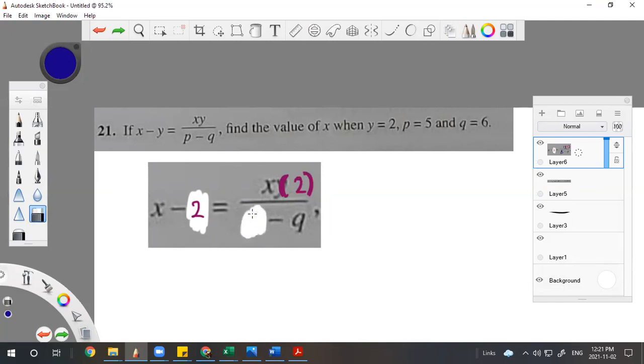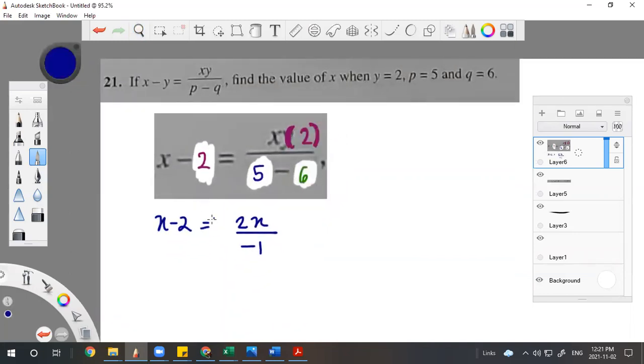Jadi 5. And then Q equals 6. Right, diganti semuanya. X nggak ada, ya udah, let it be. Q equals 6. Okay, so x minus 2, rewrite one more time, equals x times 2 is 2x, right? Over negative 1.